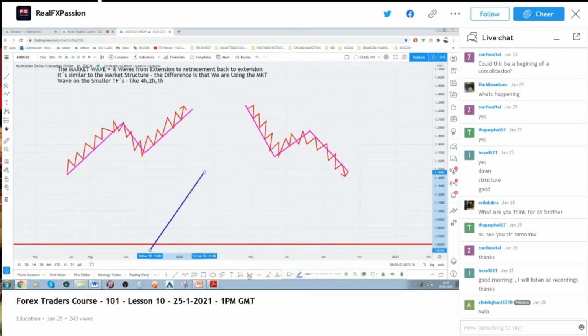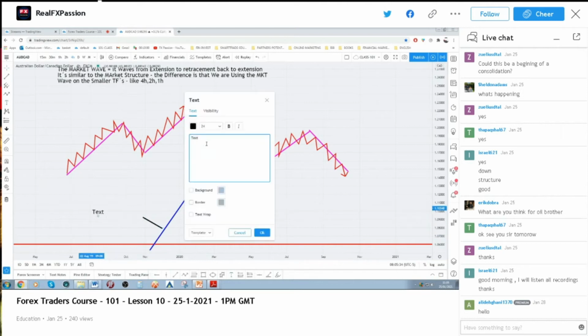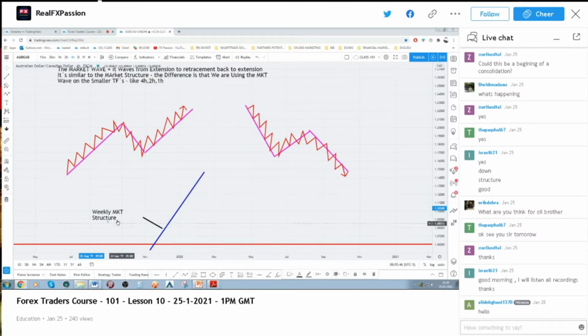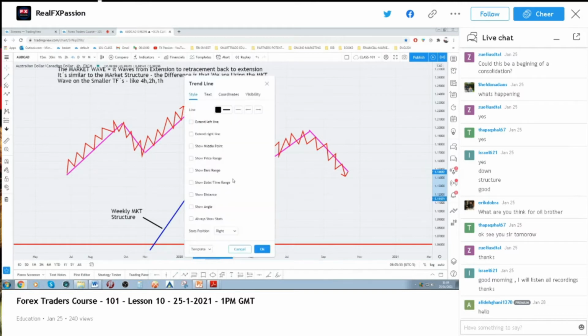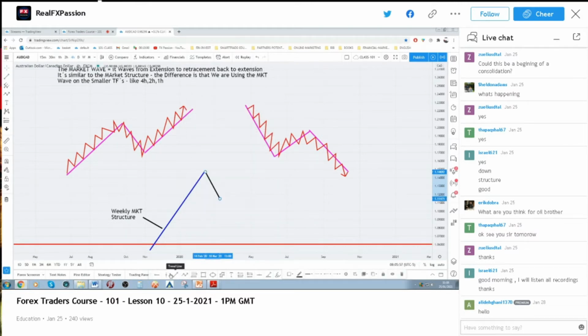This means that if this is the weekly market structure, and it's like this, and like this, and like this.